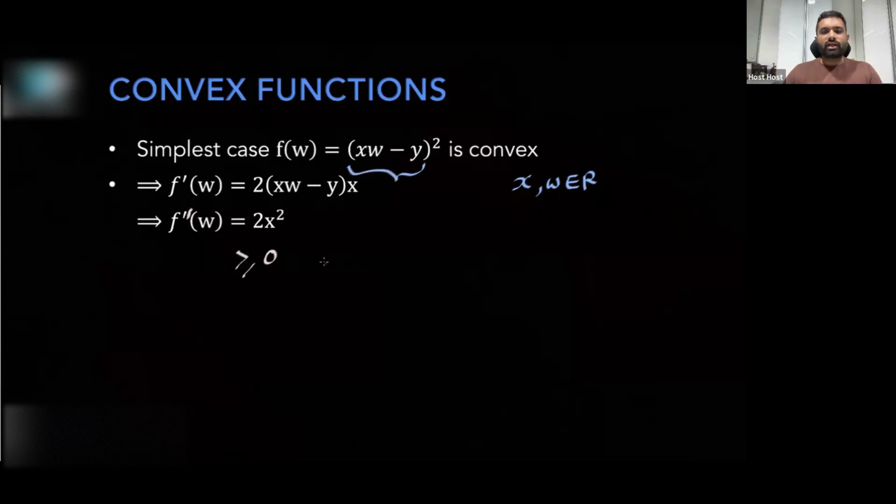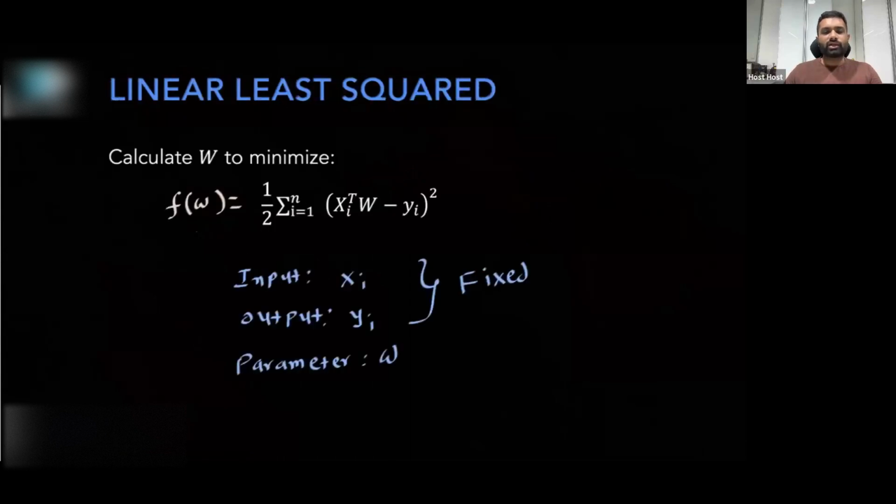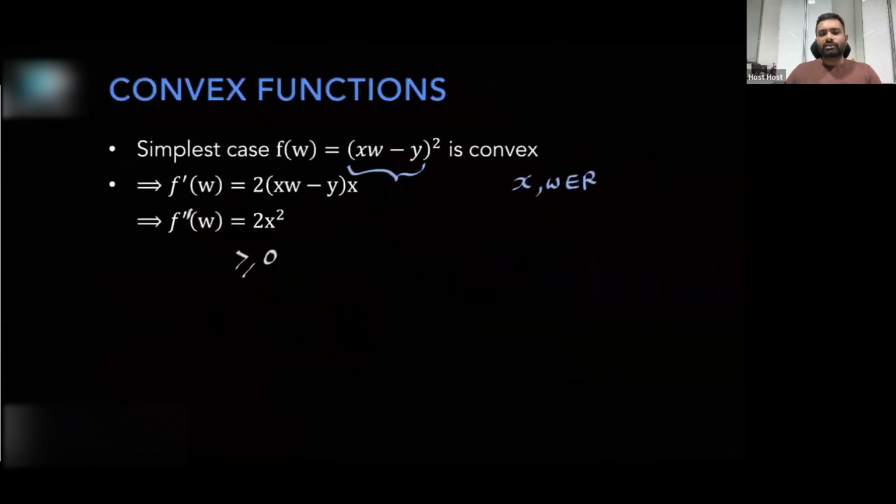But we know that our function of interest is somewhat a vector function. Plus, it is a sum of all these functions. We already know that if I prove that only one part, only the inside term, is convex, then the sum will also be convex. So I have tried to demonstrate through a very simple case that if it is of one dimension, then you can prove it is a convex function.